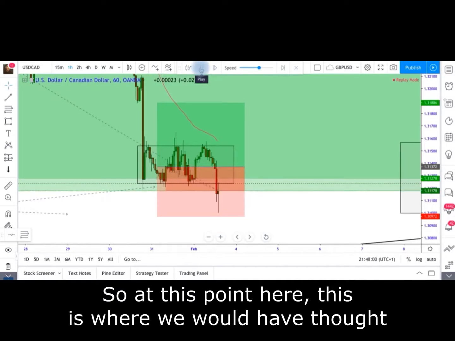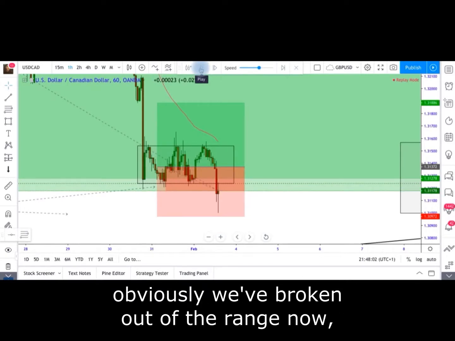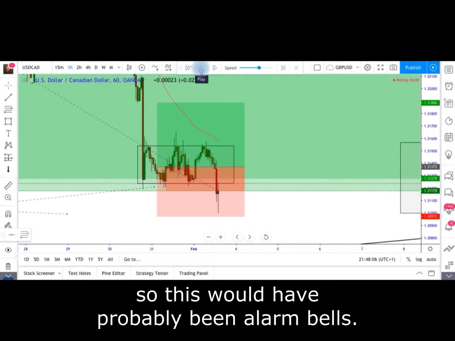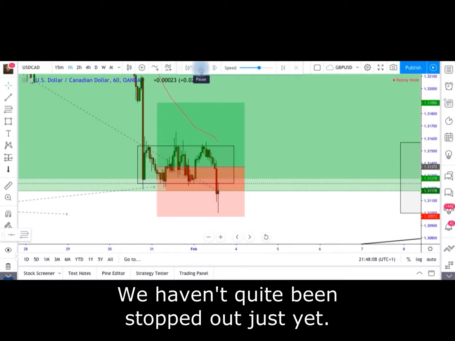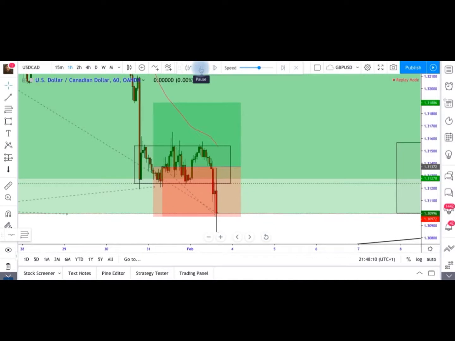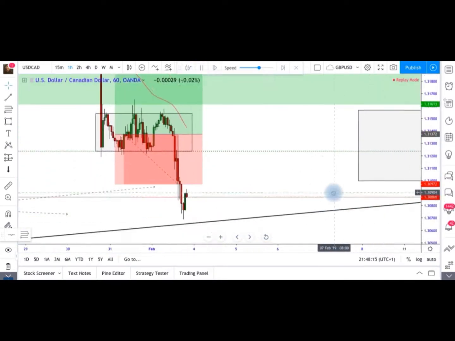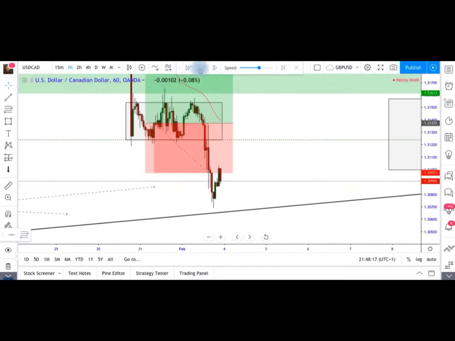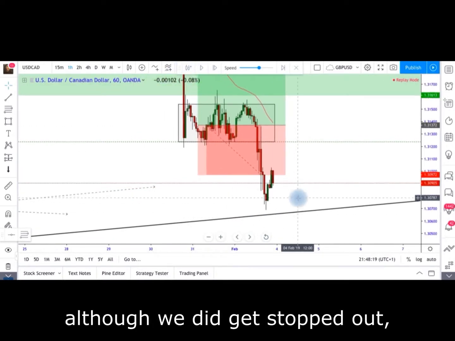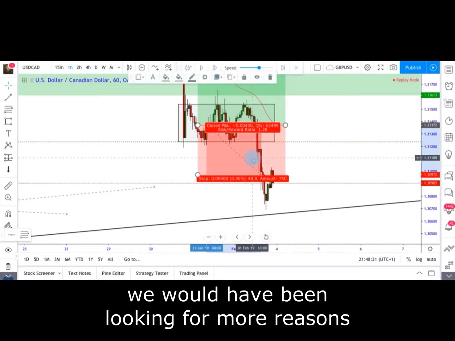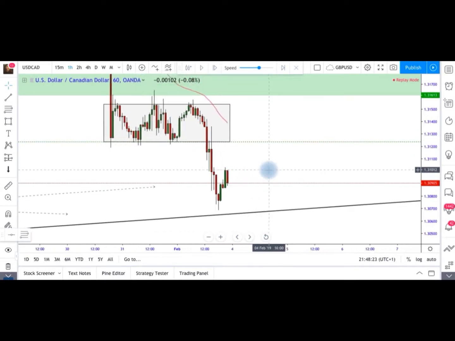So at this point here, this is where we would have thought, obviously we've broken out of the range now. So this would have probably been alarm bells. We haven't quite been stopped out just yet. This is obviously when we got stopped out. Now we can quite clearly see that although we did get stopped out, we would have been looking for more reasons to enter this trade once more.